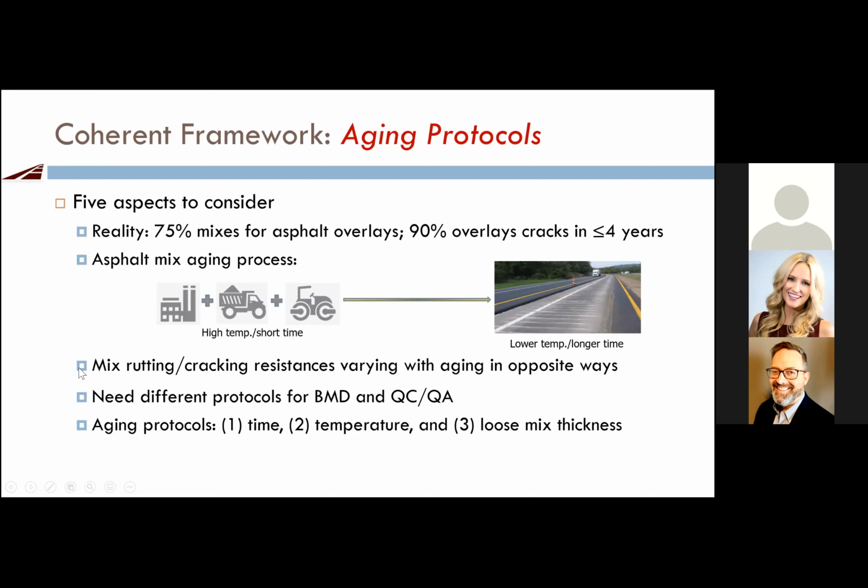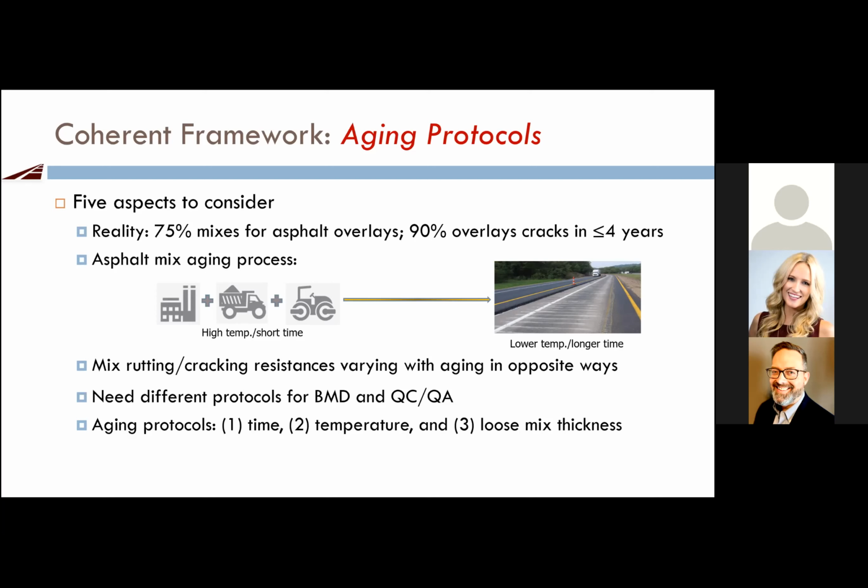And another thing we have to consider, I mentioned before, is our mix rutting and cracking resistance. They vary with the aging or time in opposite ways. The longer you age the mix, you have better rutting resistance and poor cracking resistance.